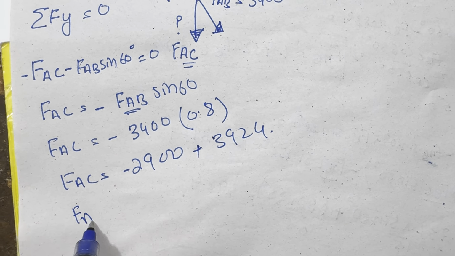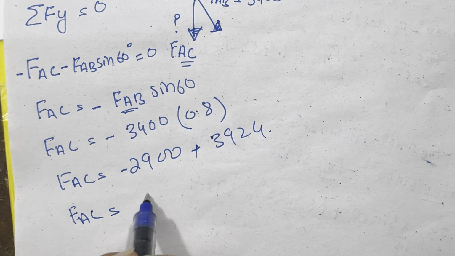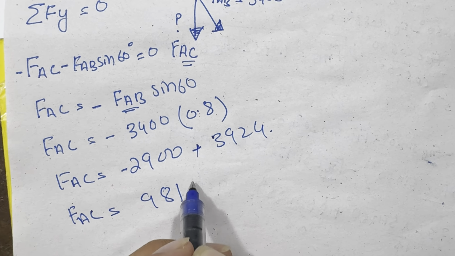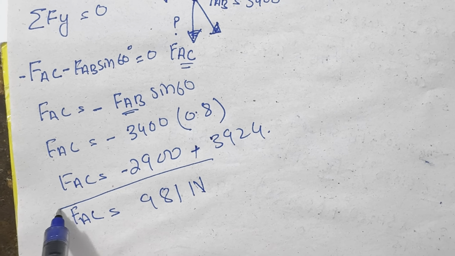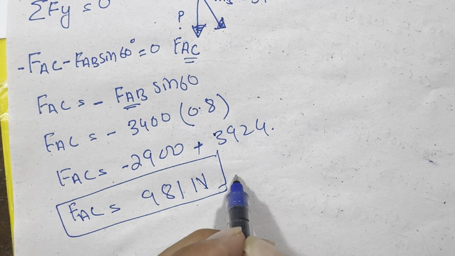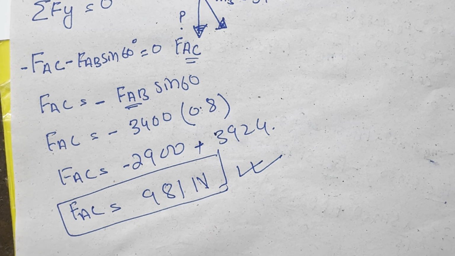So FAC will become equal to 981 Newton. The force in this member is 981.